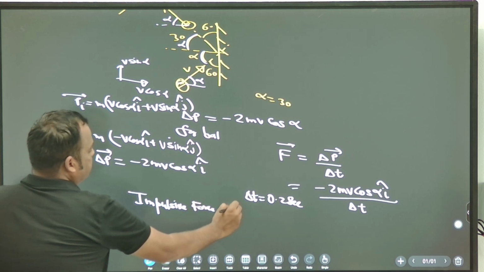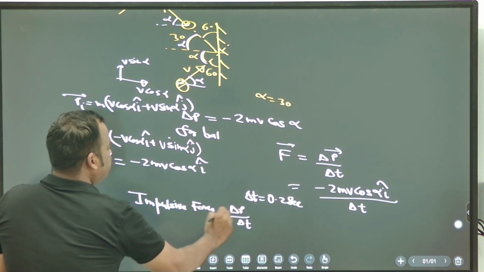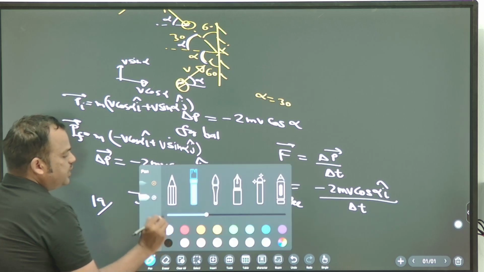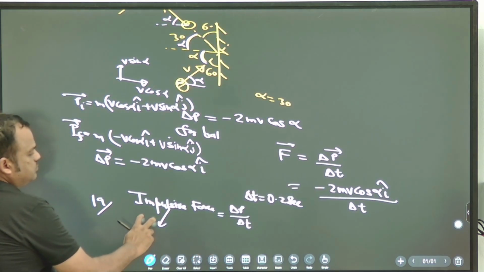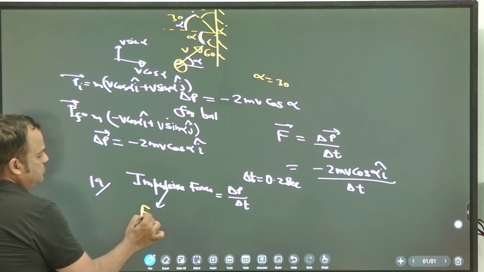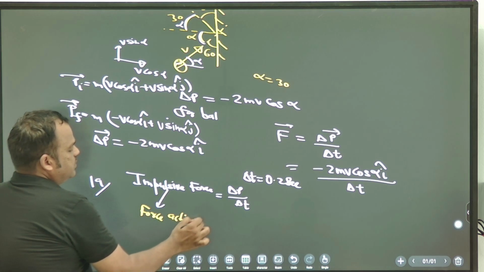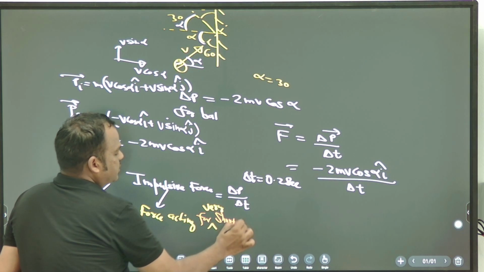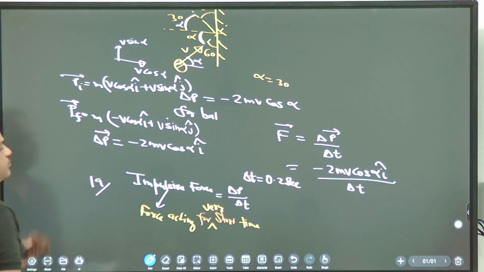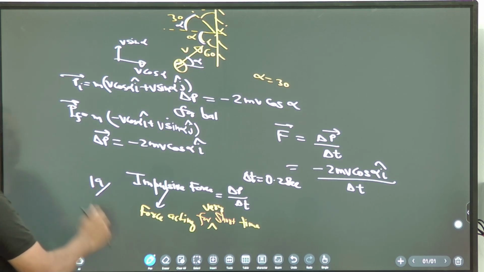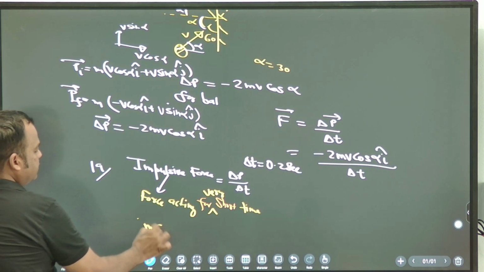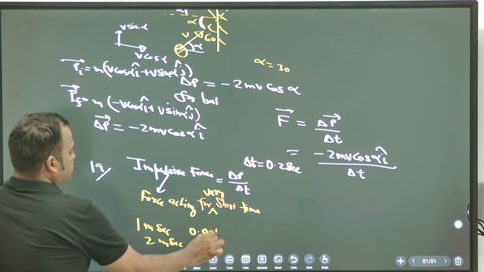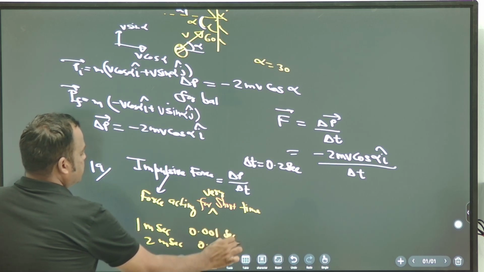Change in momentum by time taken, correct, good. But what is the meaning of impulsive force? The force which acts in a very short time. The time is so small, like 1 millisecond, 2 milliseconds, 0.001, 0.002 seconds.